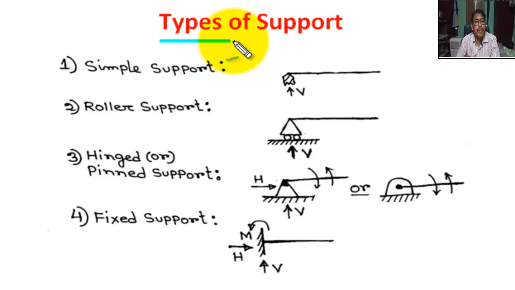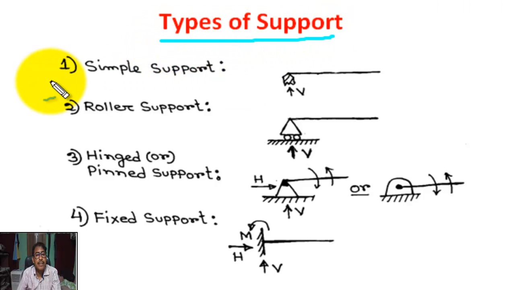Now, types of support. Number one, simple support. This is the beam, this is the support. When the ends of a beam rest freely on a knife edge, like a wall, it provides only vertical reaction.